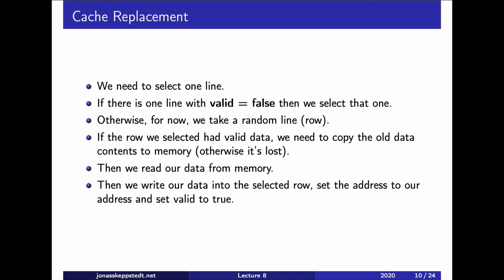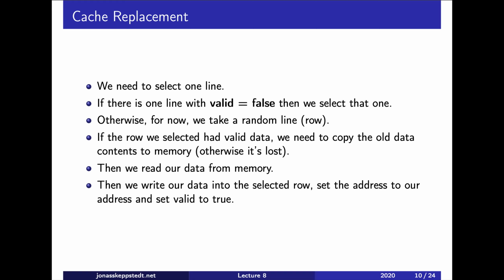The easiest choice is if we can find one with valid equals false, since then we don't destroy anything useful. Otherwise we can take a random line. An alternative is to keep track of which lines are used.